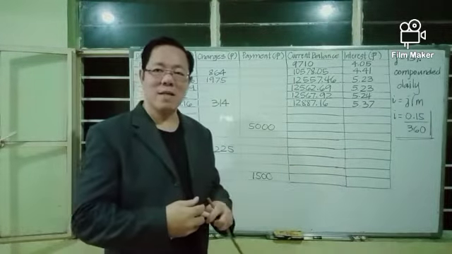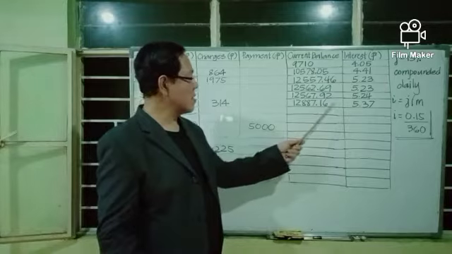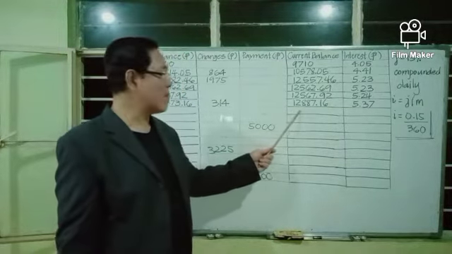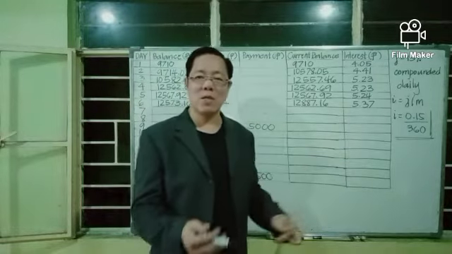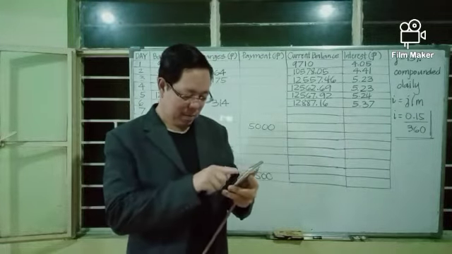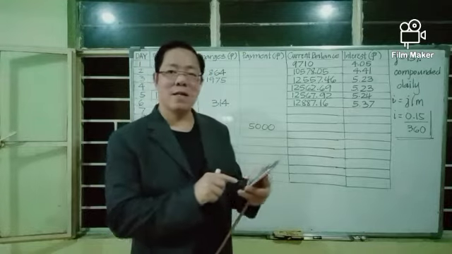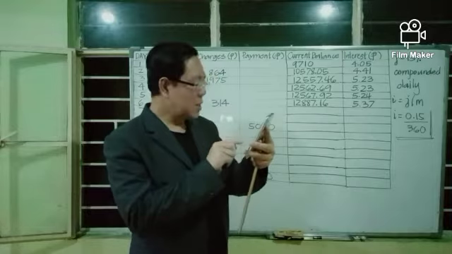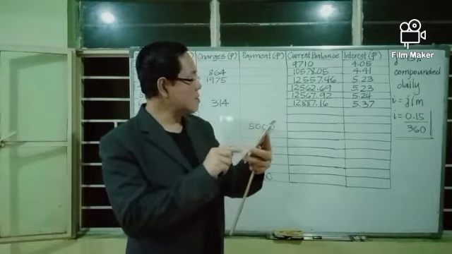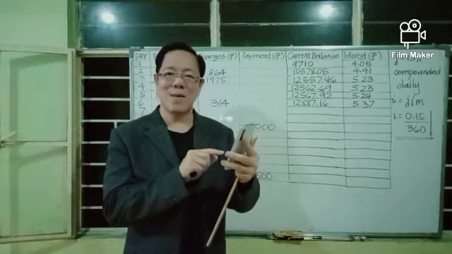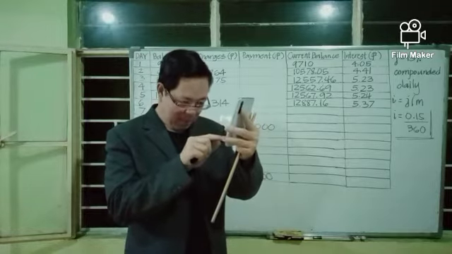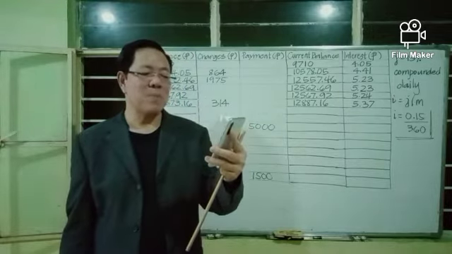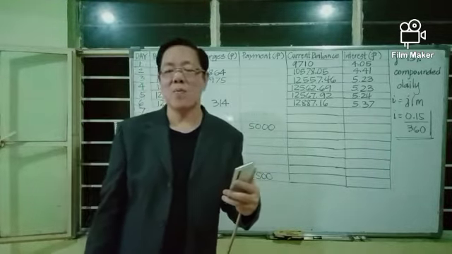And again, add this interest earned at the end of November 6 to the current balance at the end of November 6, 12,887.16 plus 5.37. And this sum, 12,892.53, becomes the balance at the beginning of November 7.